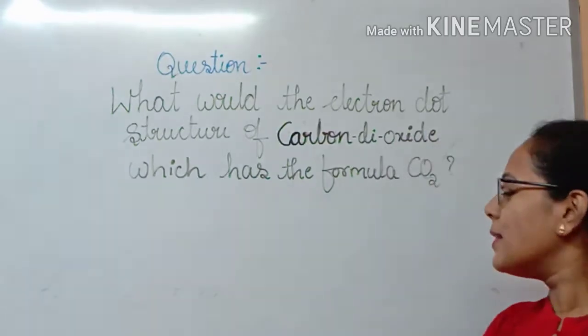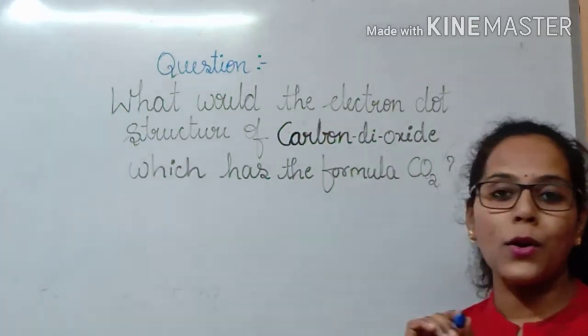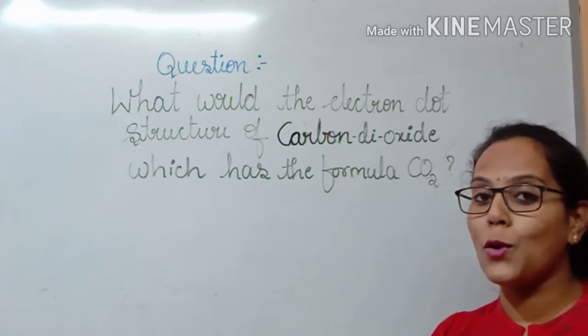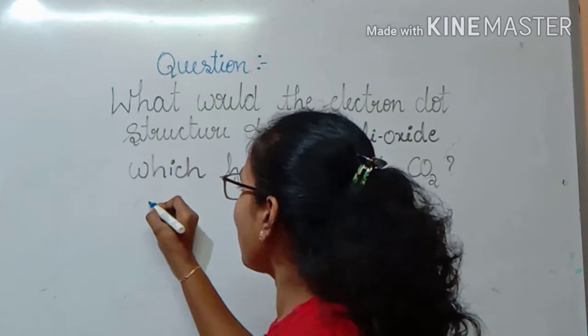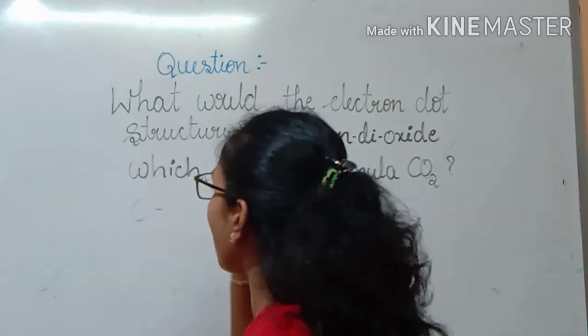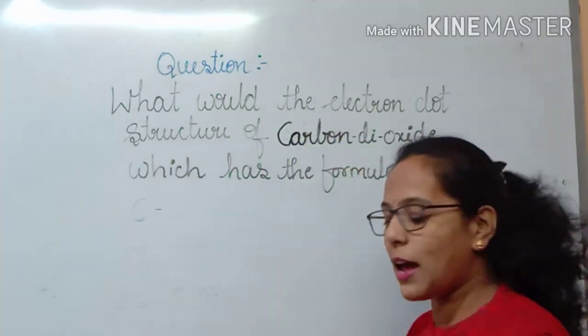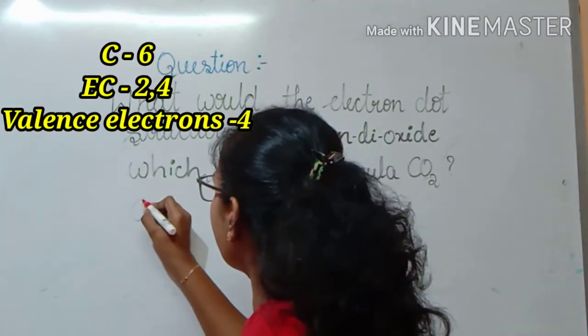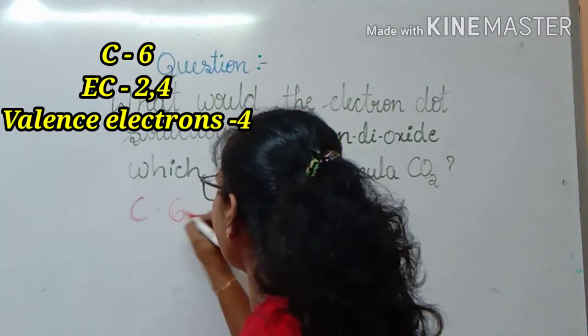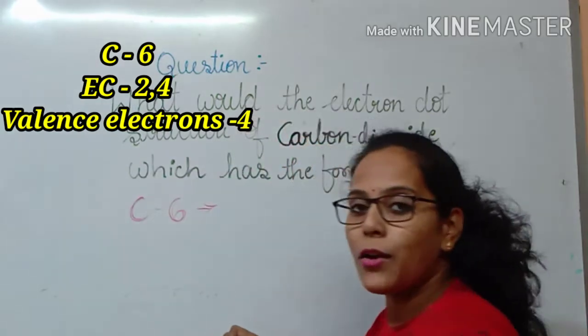Okay, then let's begin. Before writing the electron dot structure, we have to follow certain steps. Firstly, we have to write the atomic number of carbon. What will be the atomic number of carbon? The atomic number of carbon will be 6. And what is its electronic configuration?